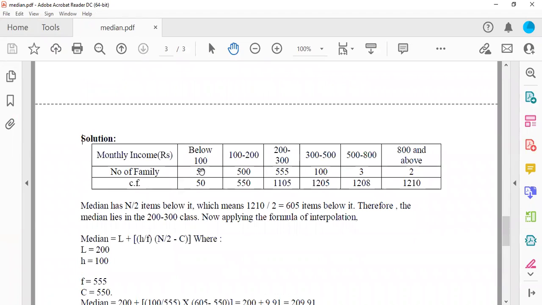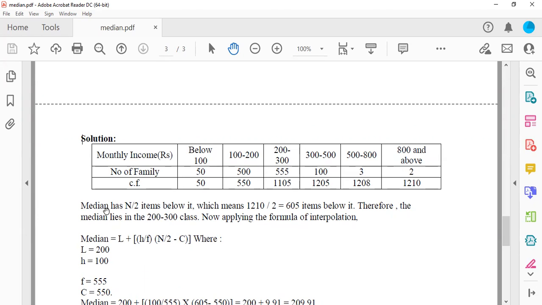So what does median actually do? When you calculate the median, whatever may be the case, either the continuous case, the discrete case, or the simple observation case, we are going for the 50% item calculation. 50%, why? Because n by 2 items below it.